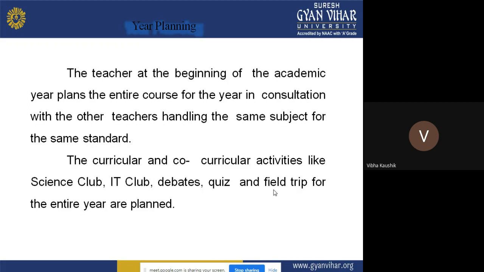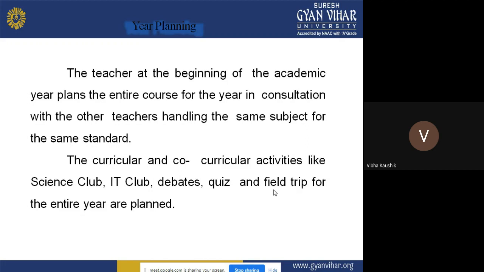For example, you are teaching 6th standard students. The subject you are teaching is English, and there is another teacher who is also teaching English to the same standard. Now you have to consult that teacher for preparing the academic year plan for the English course for the whole year.